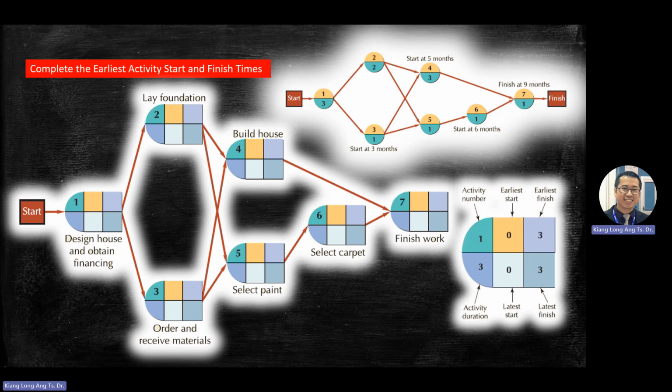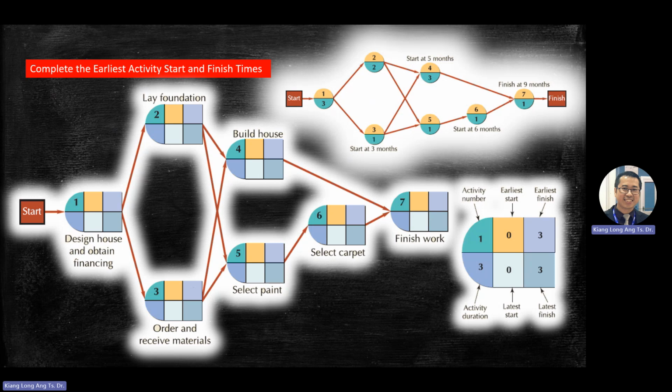The question will ask you, what is the minimum time to complete the project? 9 months. The answer is 9 months from this calculation, or from the earlier one, the path 1, 2, 3, 4, or A, B, C, D, maximum time. That is the answer for minimum time of completing the project. Don't get confused with the word minimum. Because you are managing a project, don't micro the things.